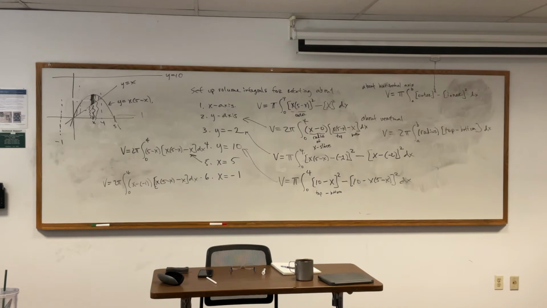Oh, sorry, I couldn't see it. Let's rewrite it again and let me take a look. I was looking at the wrong thing when you asked me. Okay, so yes, that's beautiful. No square. No square. Squares are only on when we rotate around a horizontal axis.